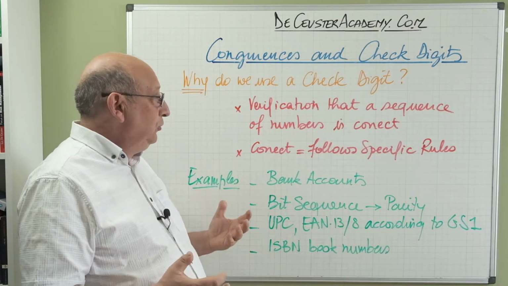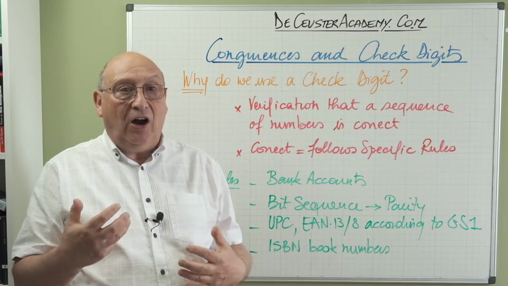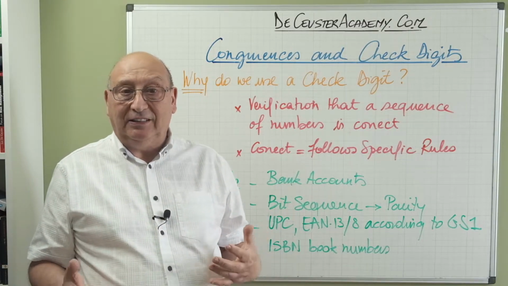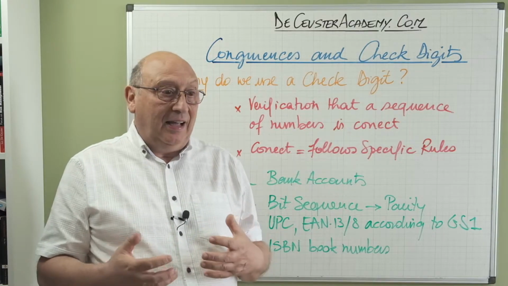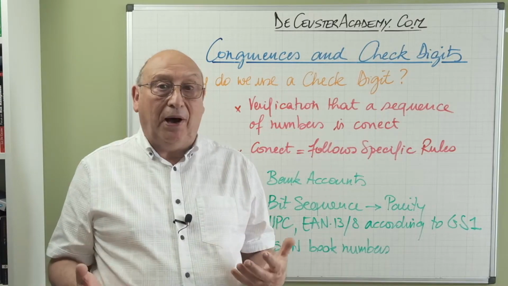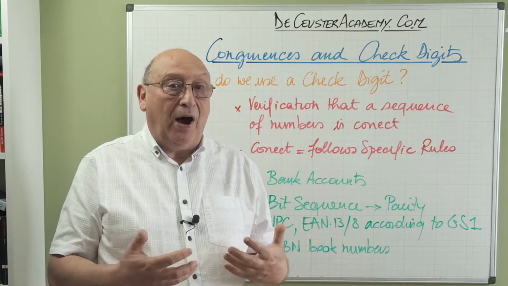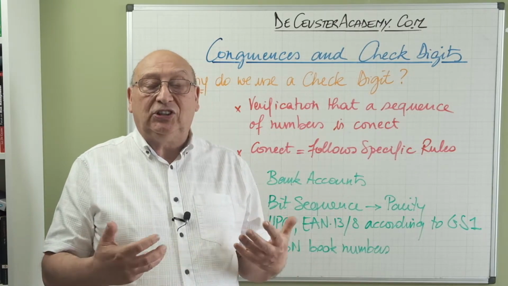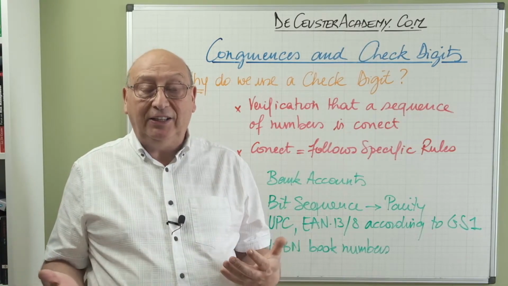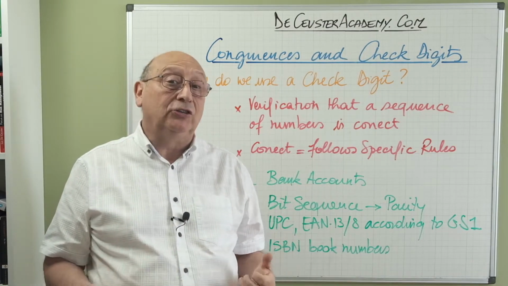Now basically we want to see that these numbers are correct, and that the numbers are following special rules. I'm sure you may have seen these things already in your daily life. Think about buying a product in the supermarket, where you have a barcode, which is a series of numbers translated into a set of bars with different thickness and different distance that can be scanned by a barcode scanner.